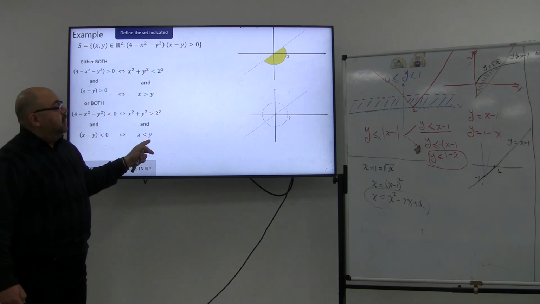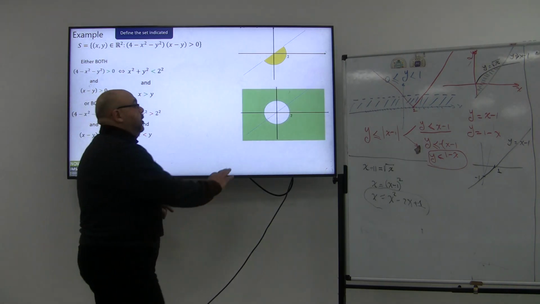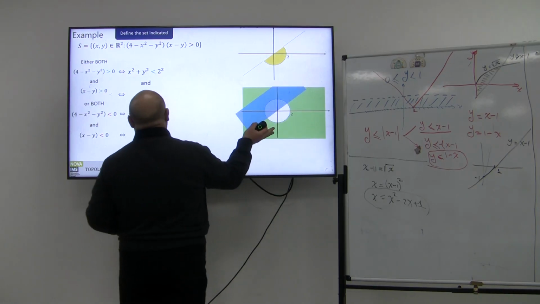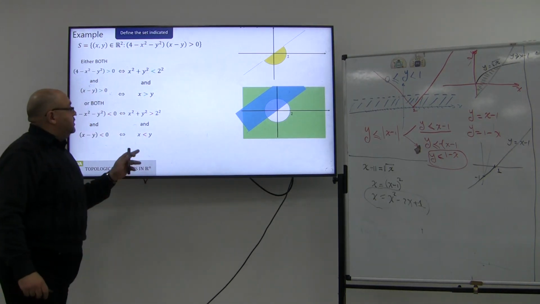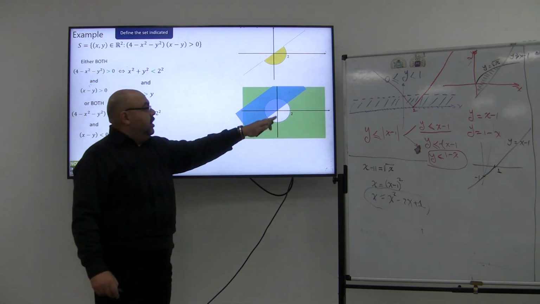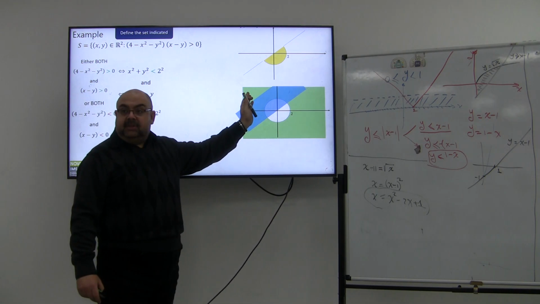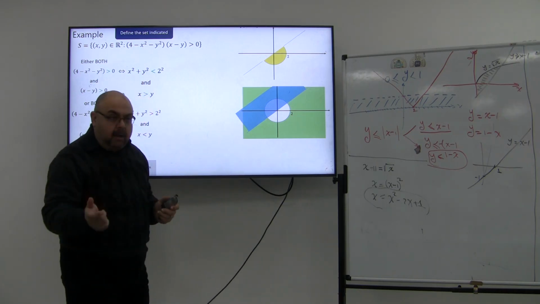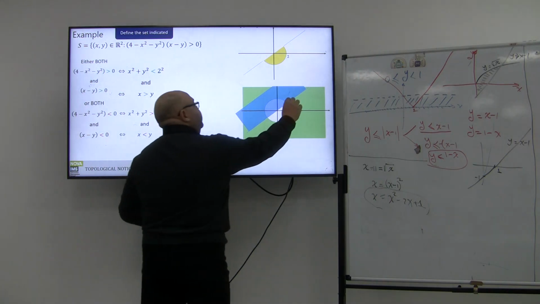So this is the circle, these are the points outside the circle, and these are the points where x is less than y, so it will take the other side as you can see. So now I will have the points in common, which are this set.